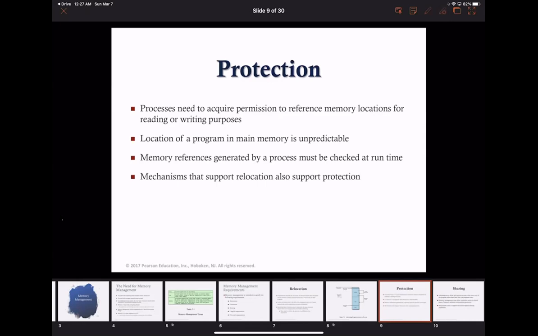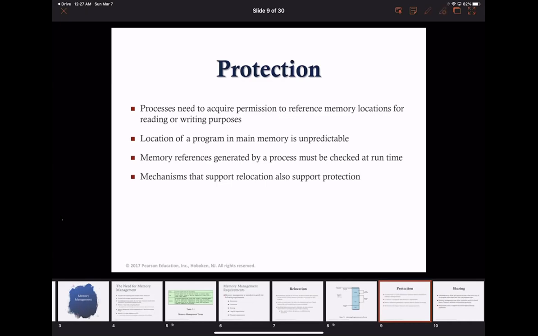You just need to keep in mind that the memory protection requirement must be satisfied by the processor. That means it is done at the hardware level rather than at the software level. This is mainly because the operating system can't anticipate all of the memory references that a program will make. Even if such anticipation were possible, it would be prohibitive in terms of efficient time management, because we would be consuming time to screen each program in advance for possible memory reference violations.